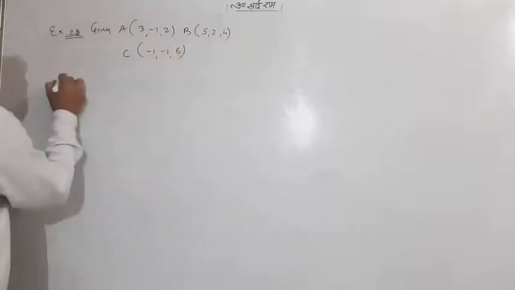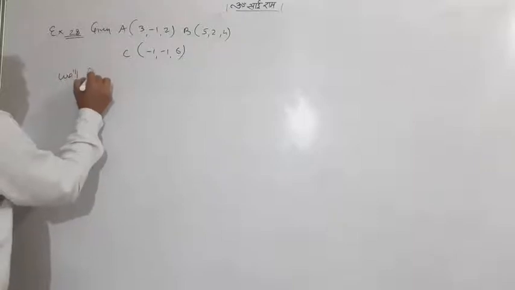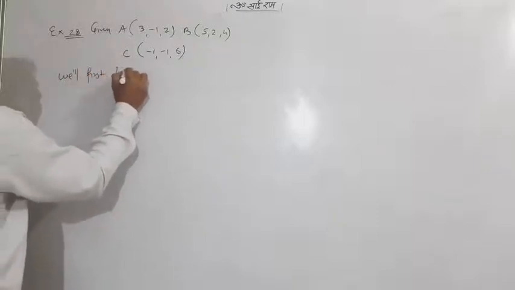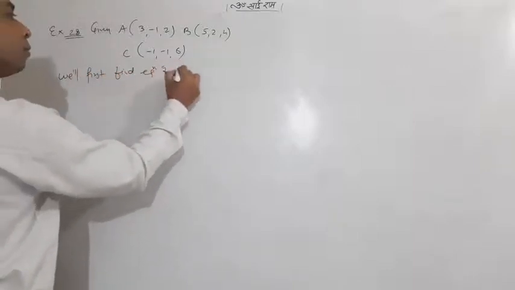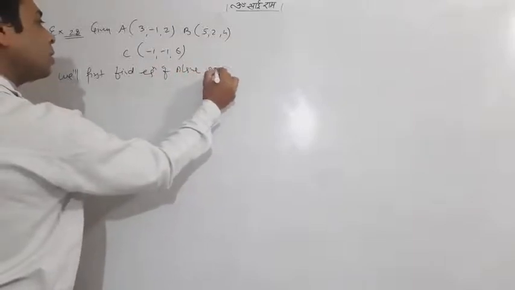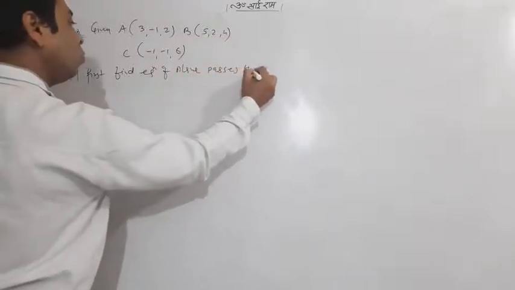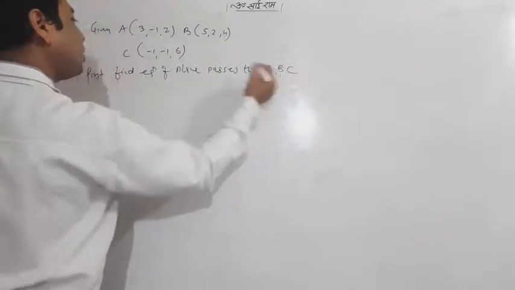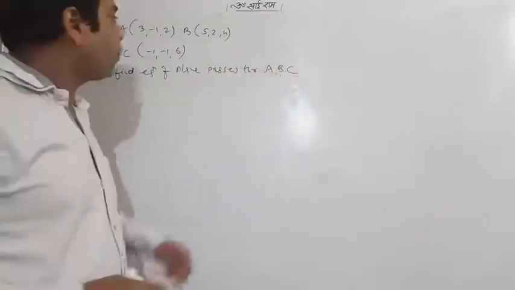We will first find the equation of the plane which passes through A, B, C. So what is the method? First of all, I'll take 1 point.